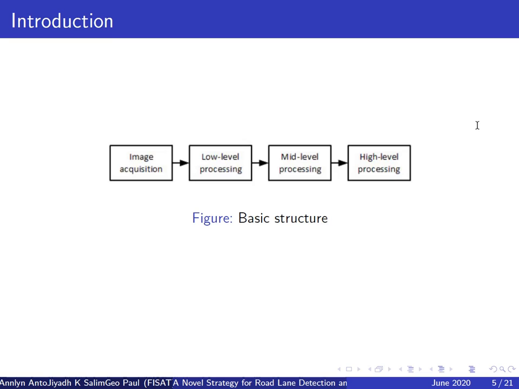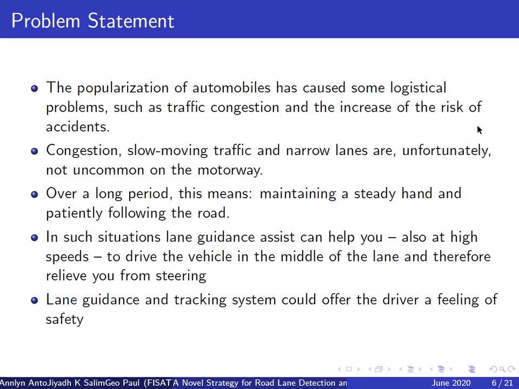In the first step, image acquisition is done, followed by low-level processing, mid-level processing, and high-level processing. In this chapter, we are going to learn why we need such a system. Because the popularization of automobiles has caused some logistical problems such as traffic congestion and the increase of the risk of accidents.